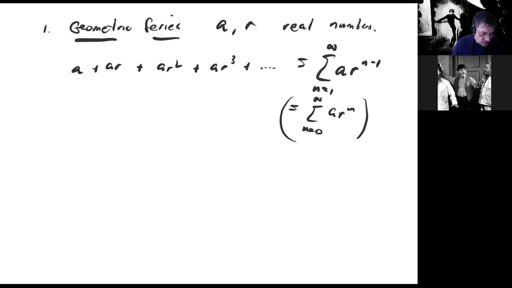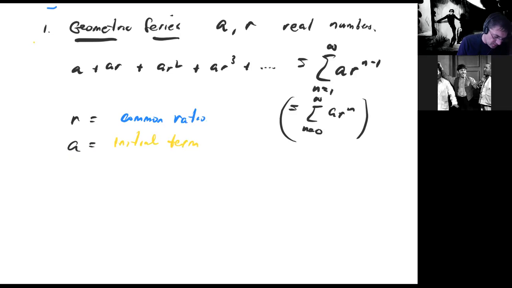The number r is called the common ratio, and the number a is called the initial term. The question is, for which values of a and r does the geometric series converge? And if so, what does it converge to?